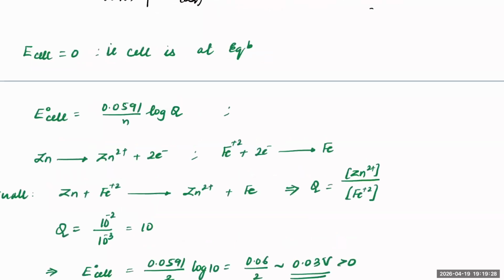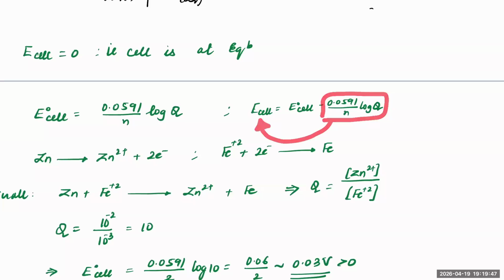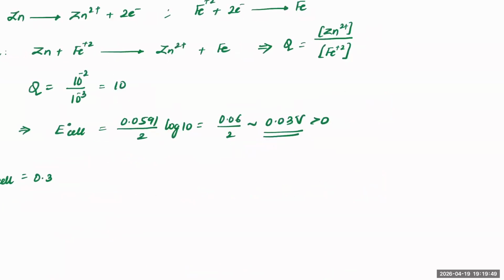Sorry, that is E cell is equal to E naught cell minus 0.0591 by n log of Q. So E naught cell will be this entire value which we calculated plus E cell. Okay. So we just have to add that to E cell here. So I will just make that addition here.